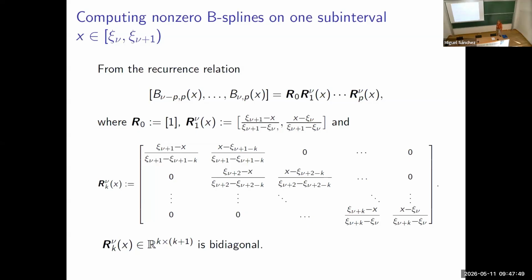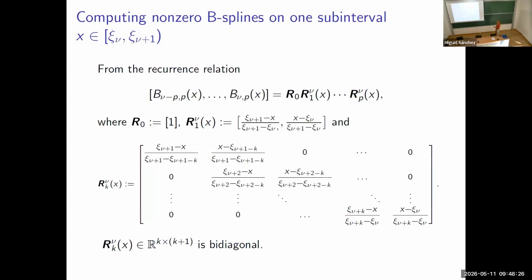We define B-spline matrices. First, because of the local support, there are only p plus 1 B-splines which can have a non-zero value on the interval [ξ_ν, ξ_{ν+1}). It's possible to define explicitly all these p plus 1 B-splines for general p as a product of matrices.